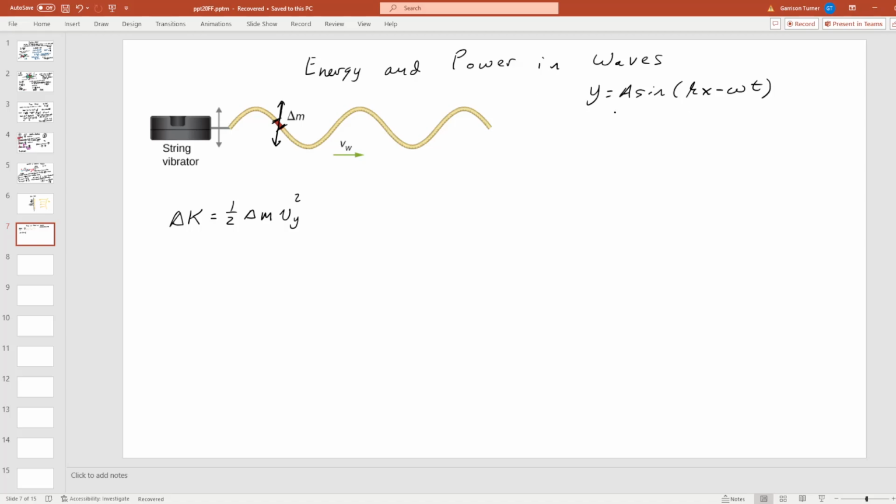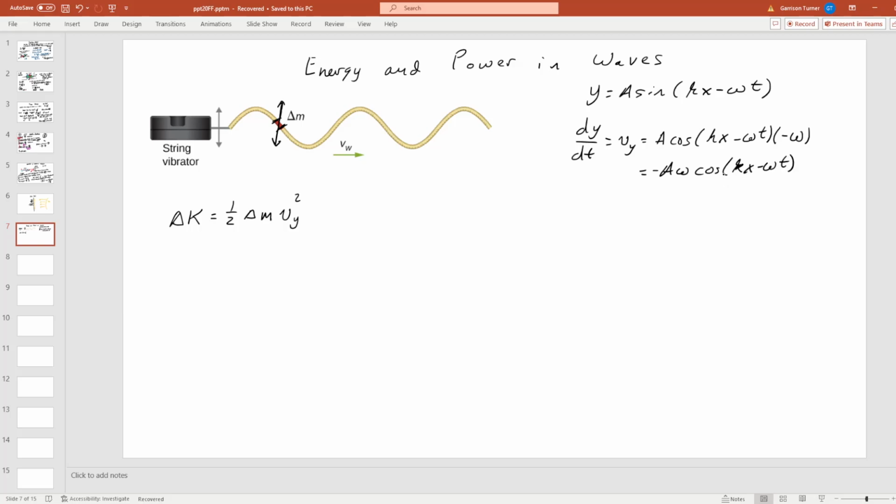If I differentiate this, it gives me Vy, which is A cosine(kx minus omega t) times minus omega, giving negative A omega cosine(kx minus omega t).